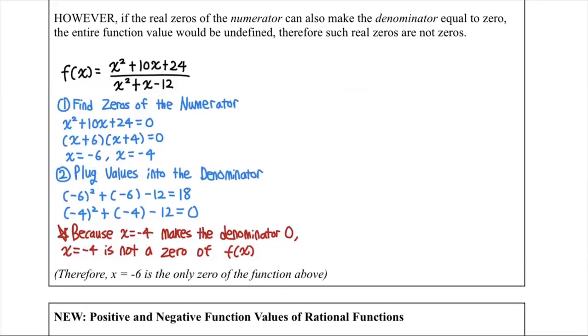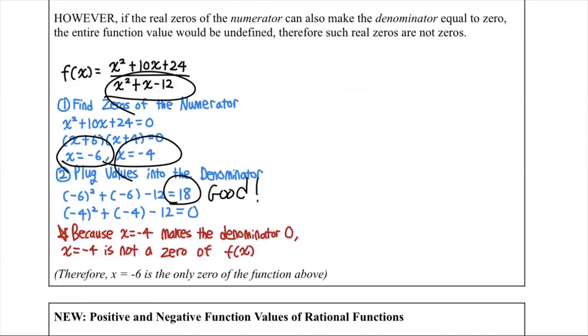We can confirm if these are actual zeros of the entire rational function by plugging those values into the denominator. If you plug in -6 into the denominator, we get 18, which is good. However, if you plug in -4 into the denominator, we get 0, which is bad.